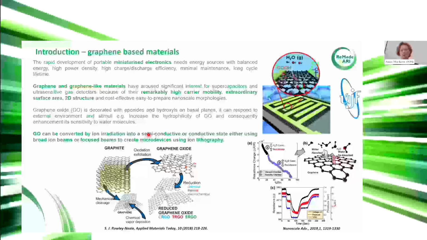So here in the motivation, you can see the first kind of material. Graphene now is very popular and topical. Just to remind you, graphene is a material with a typical honeycomb structure. And this graphene has remarkably high carrier mobility and an extraordinary surface area, which is great, especially for sensing applications.